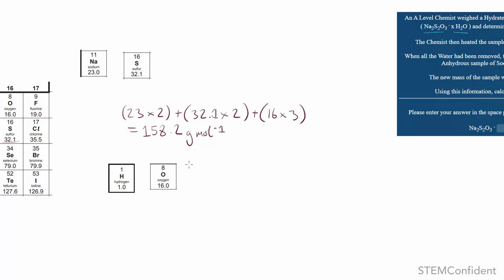right? Now, the other thing here is we also need to work out the molar mass of the H2O, right?